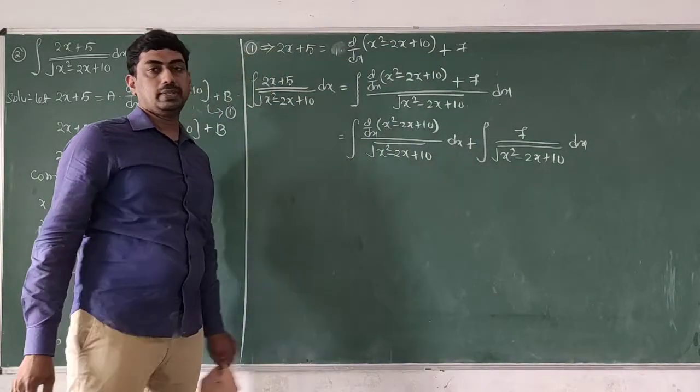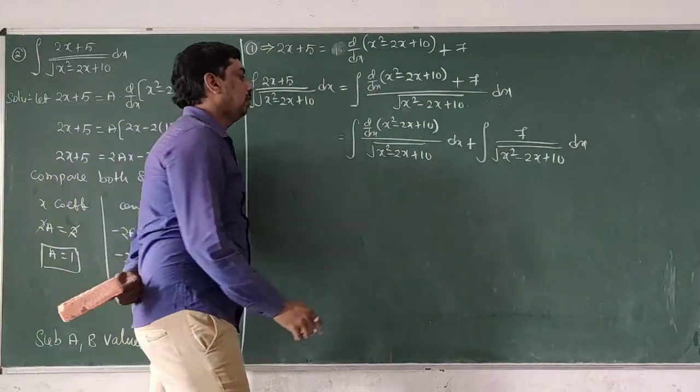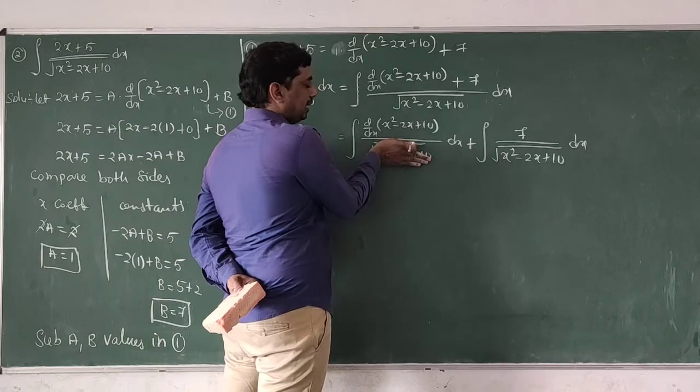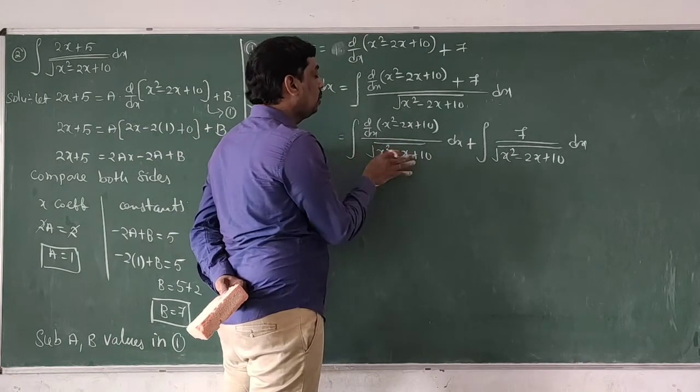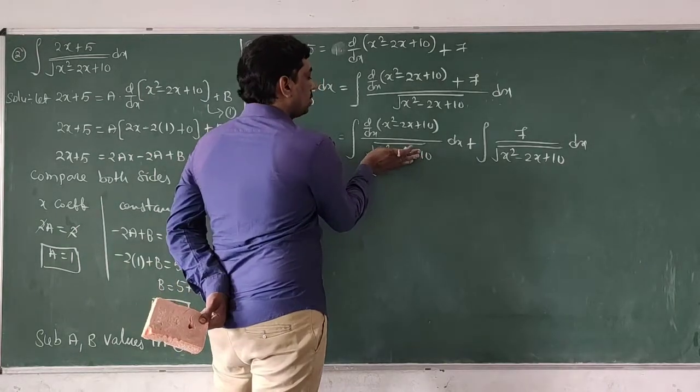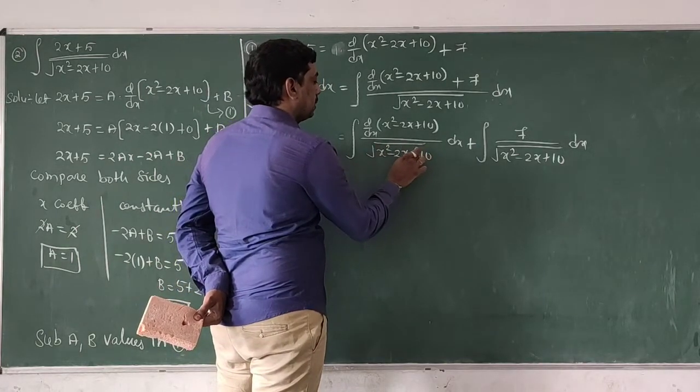Just observe this one. This is in which form? Let this total term excluding the root be f of x.